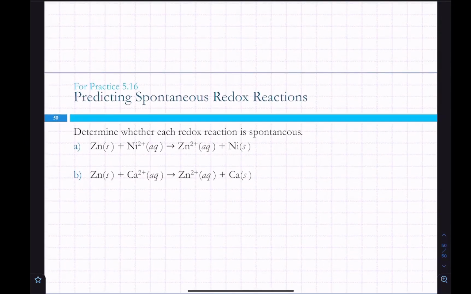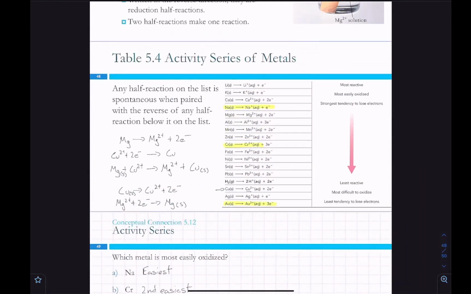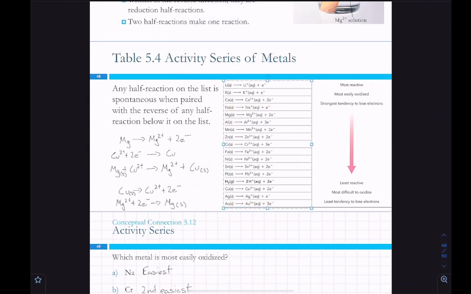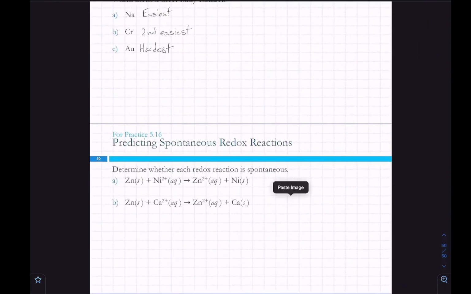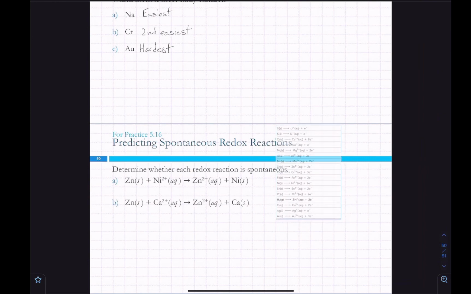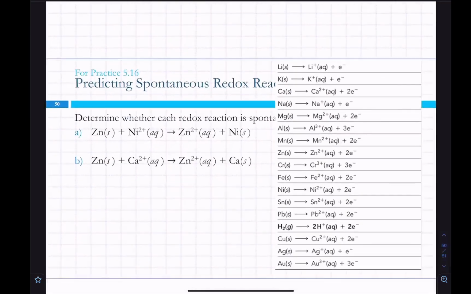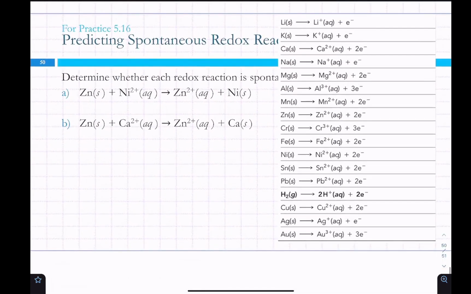All right, so which of the redox reactions would be spontaneous? Yeah, so for A, we've got zinc.